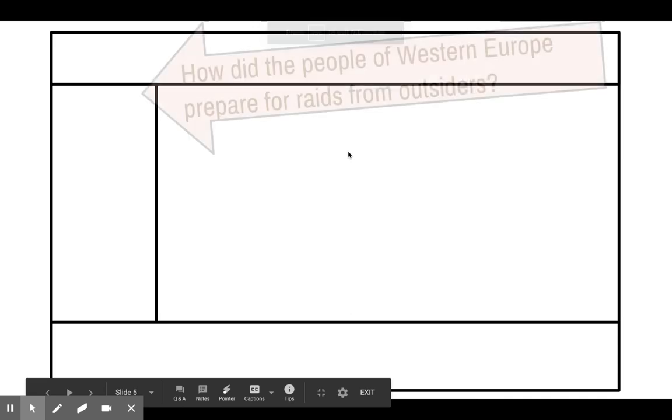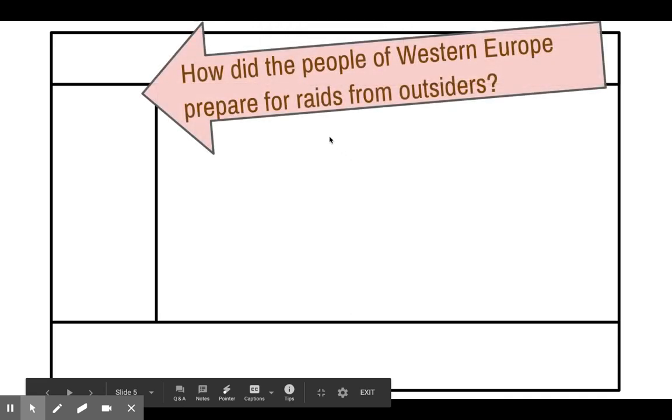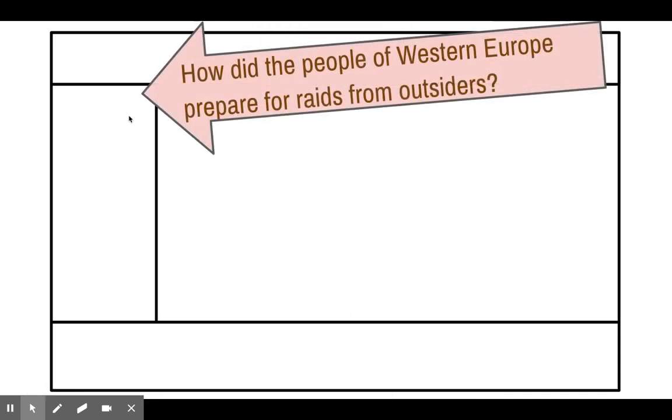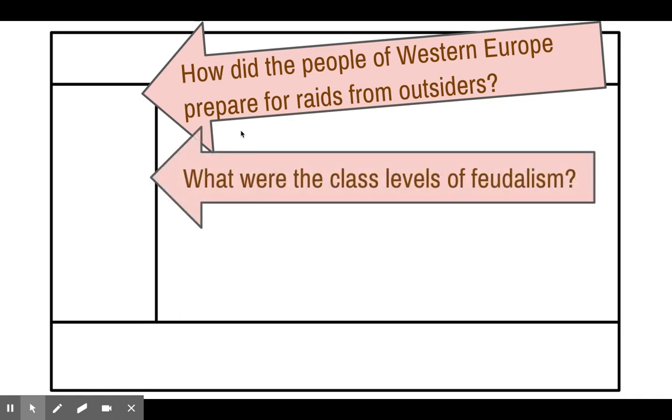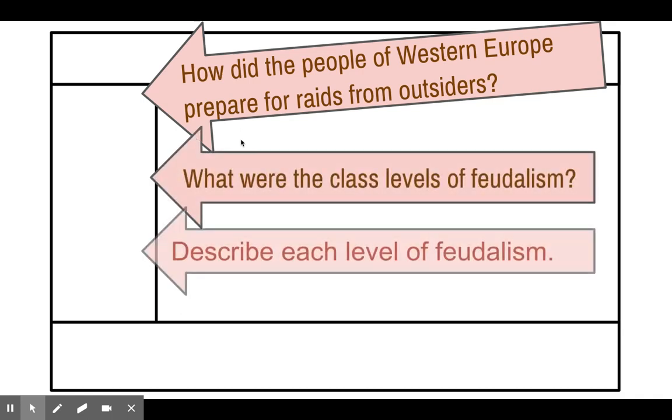All right, questions to answer. So I'm going to actually have you write right now in this column the actual question: what did the people of Western Europe prepare for? How did they prepare for raids from outsiders? What were the class levels of feudalism?